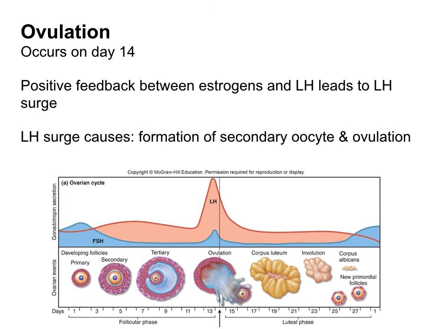Now, some women might actually be able to feel this happen. The rupture of the follicle does cause a small amount of bleeding on the surface of the ovary, and this can create pain. This pain, which is due to the bleeding at the ovulation site, is called Mittelschmerz.